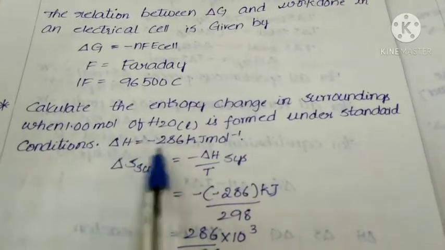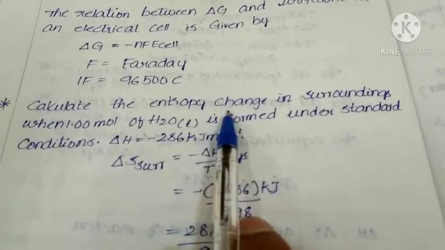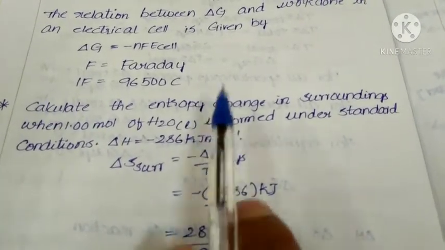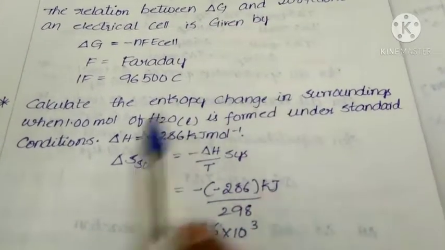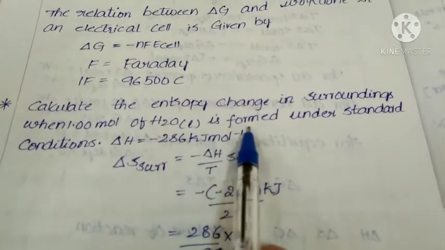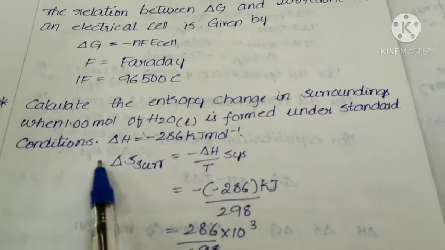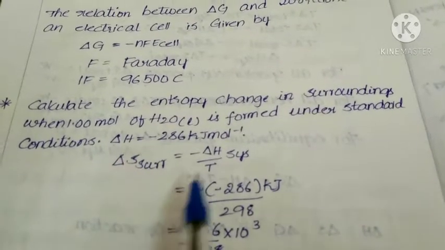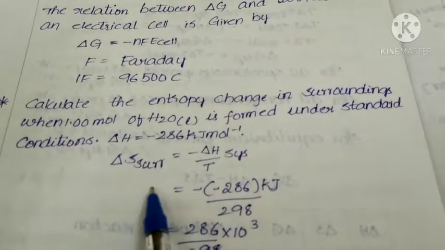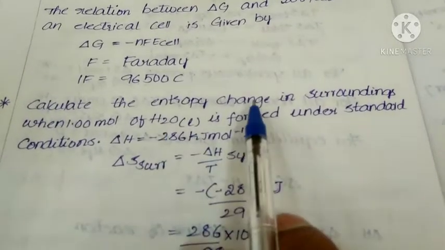In this numerical, we have to find the entropy change in the surroundings when 1 mole of H2O is formed under standard conditions. Delta H is given. You have to find delta S surroundings.